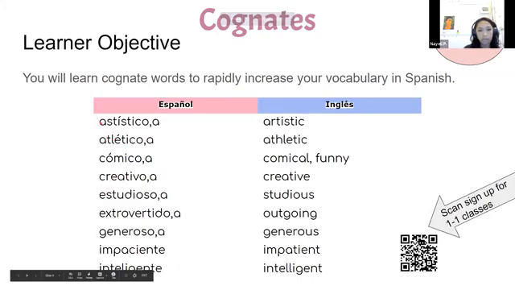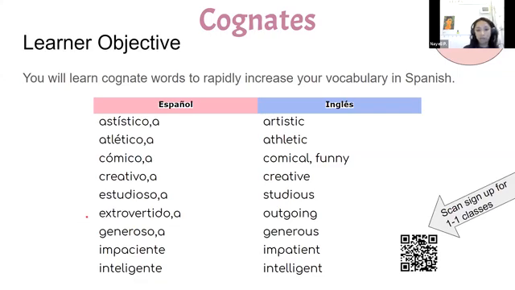So let's start with artístico, artístico, atlético, cómico, creativo, creativo, estudioso, estudioso, extrovertido.